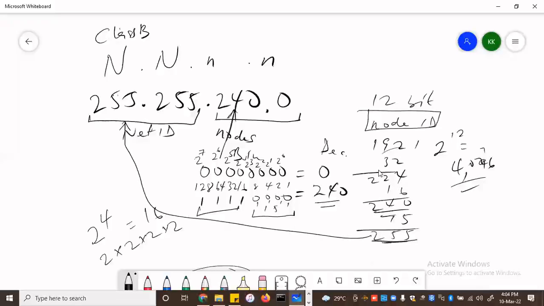Anything other than 16 bits should be considered a subnet. So with 12 bits for the node, it's 16, the default, minus the 12. That gives you the 4, which is what you have right up here. So you can easily tell where the differences are.